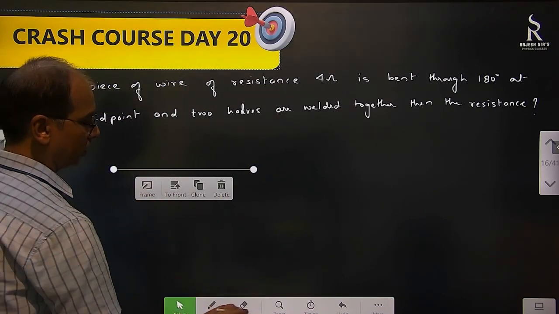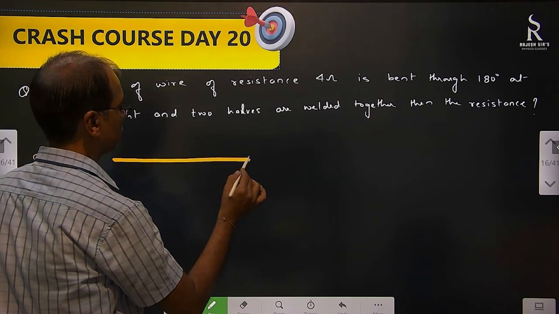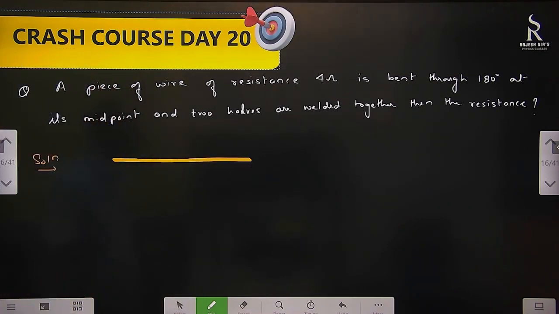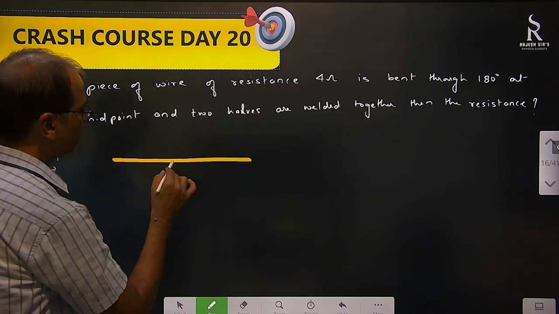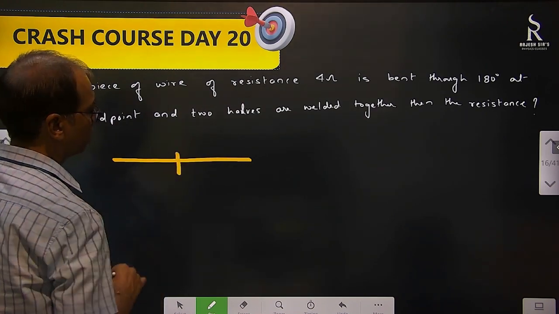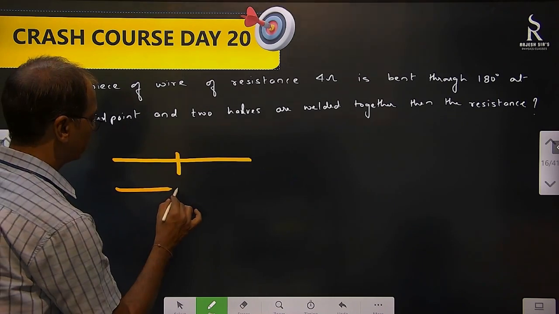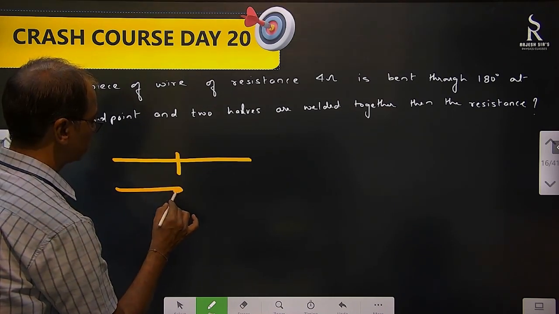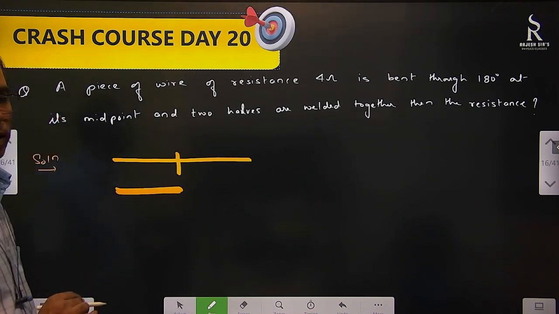Now he says it is bent through 180 degrees at its middle point. From the middle point we are going to bend it like this. Now we are welding it. Then what is the resistance?